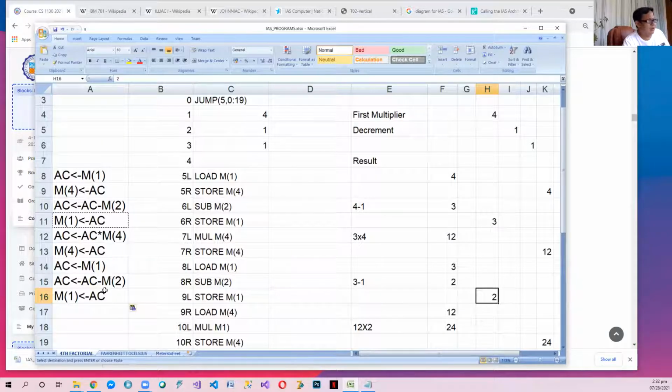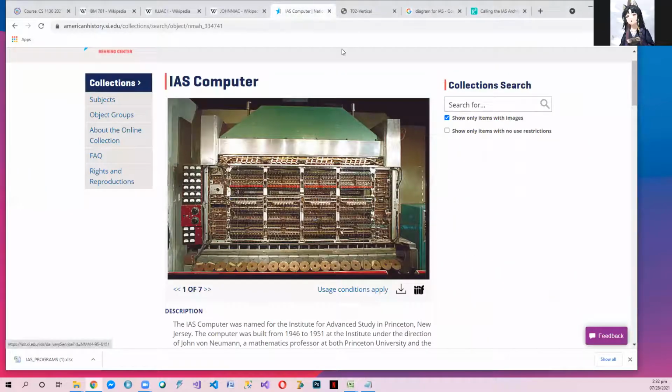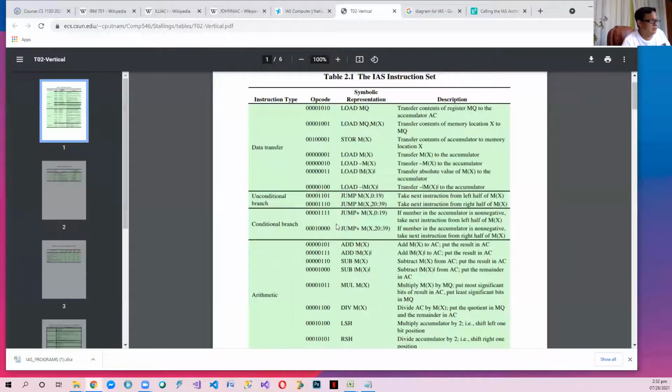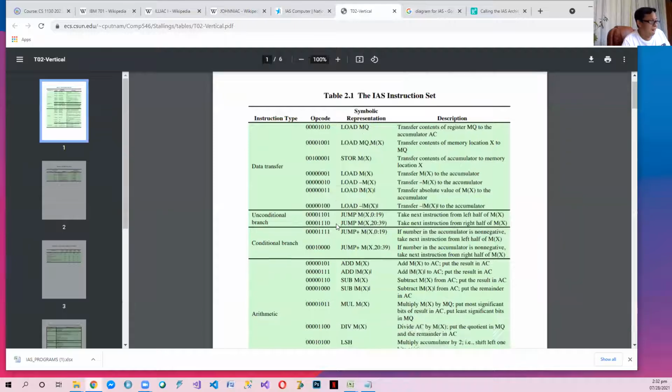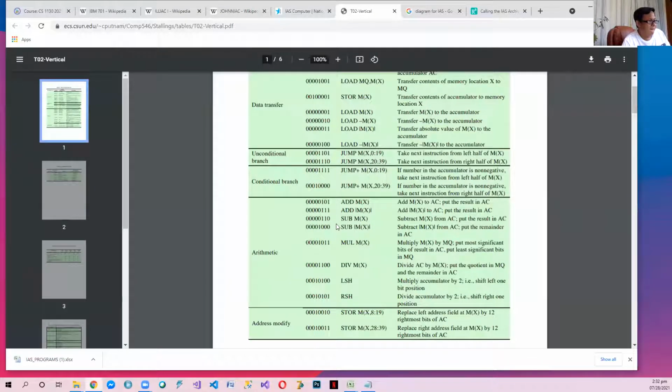Do we have a halt? I'm not sure. We don't have a halt, unfortunately.